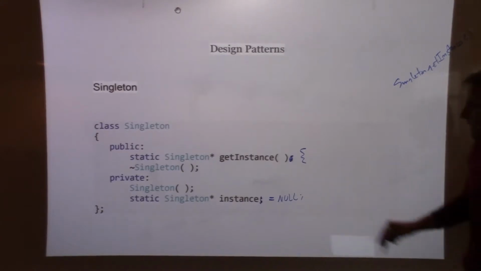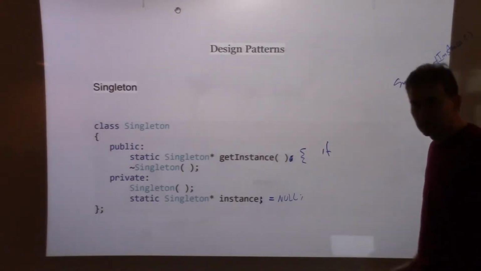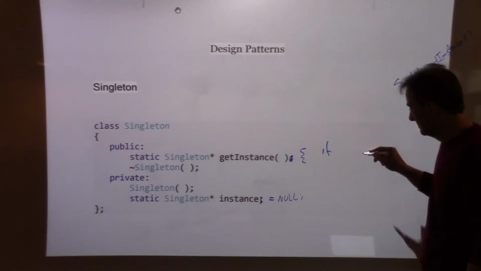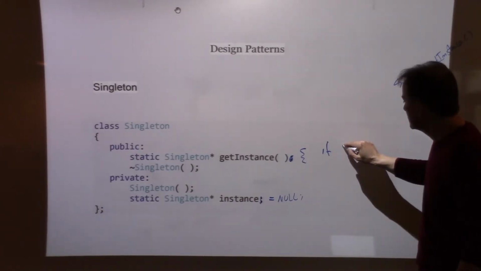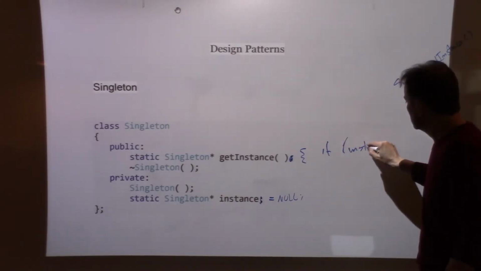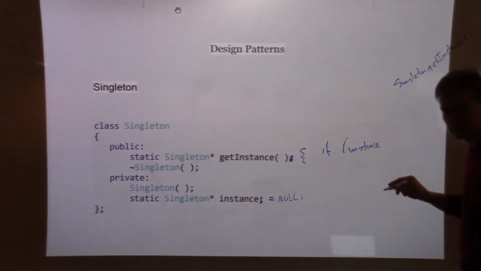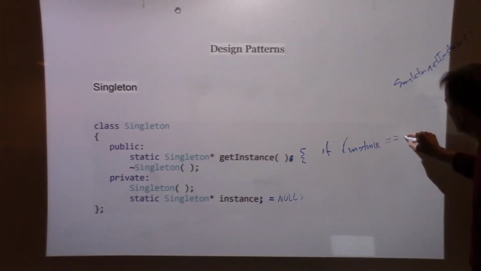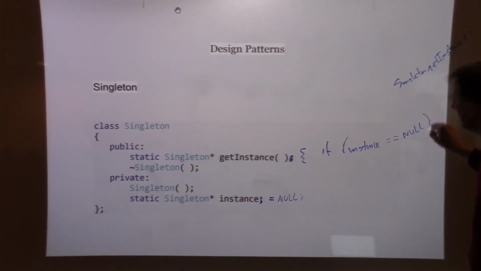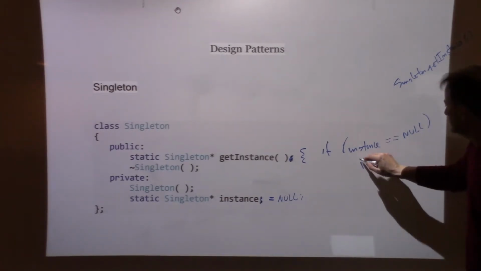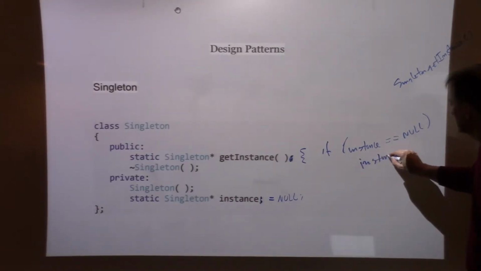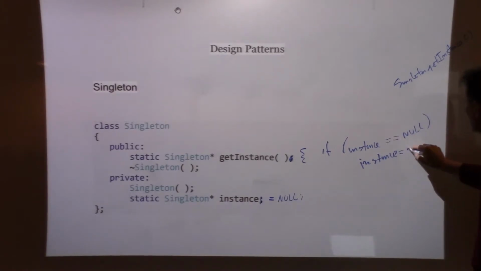So this method is going to say if instance equal null. Is it equal to null? Yes, it is now, right? Then instance is equal to new singleton.